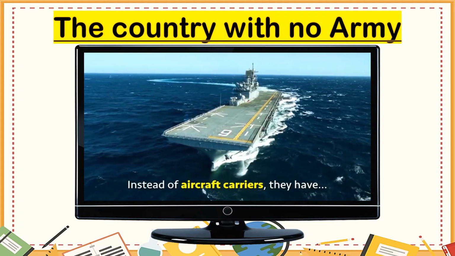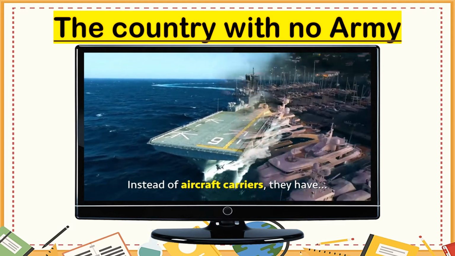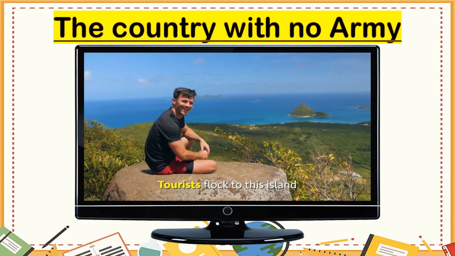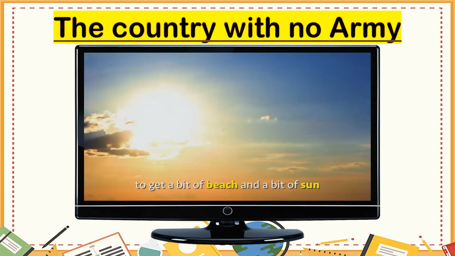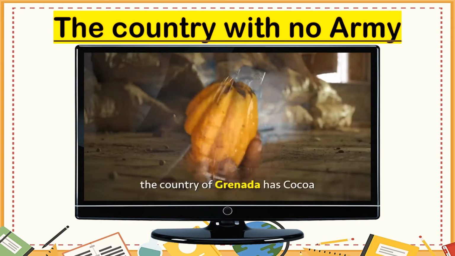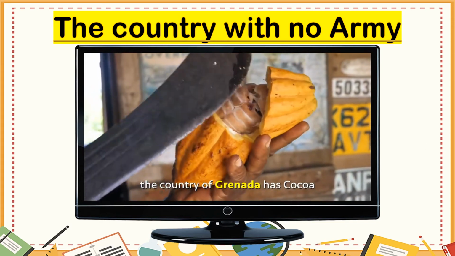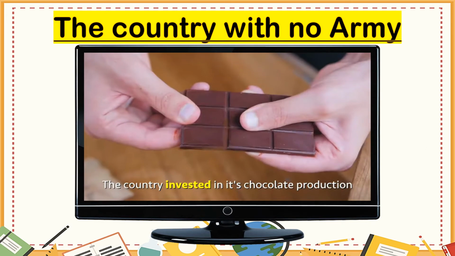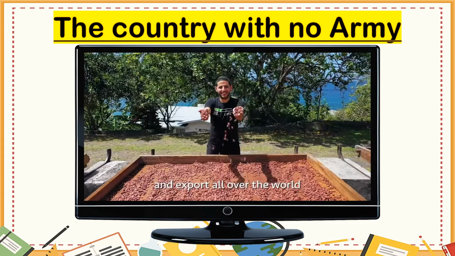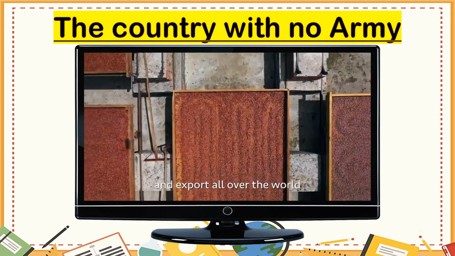Instead of aircraft carriers, they have yachts and cruise ships. Tourists flock to this island to get a bit of beach and a bit of sun. And instead of grenades, the country of Grenada has cocoa. The country invested in its chocolate production, so now they produce really good chocolate and export all over the world.